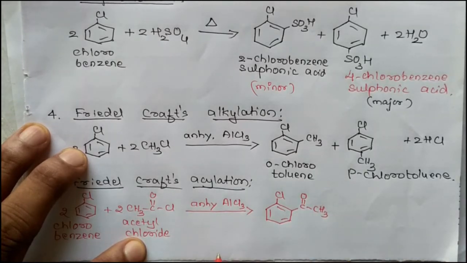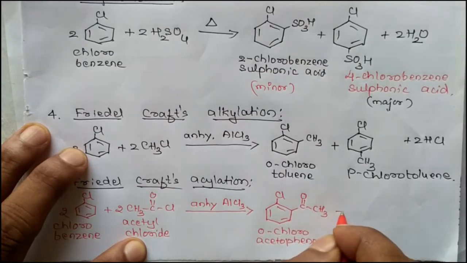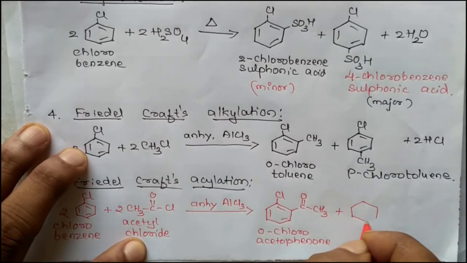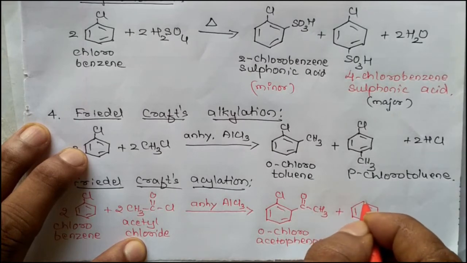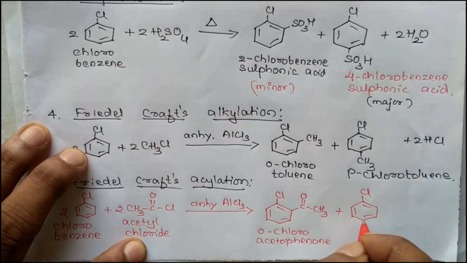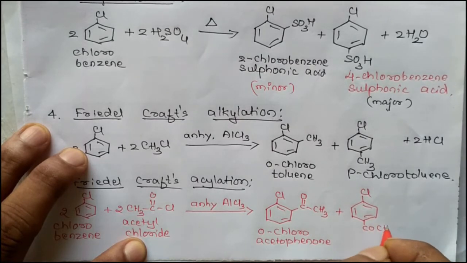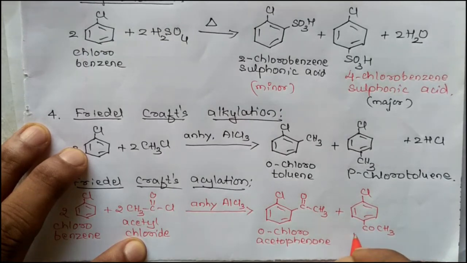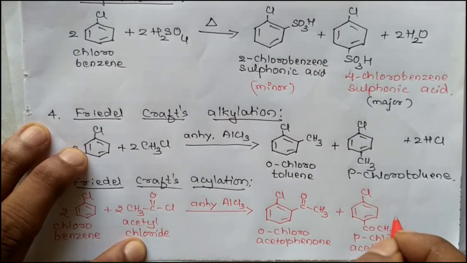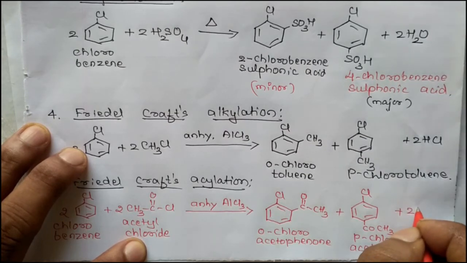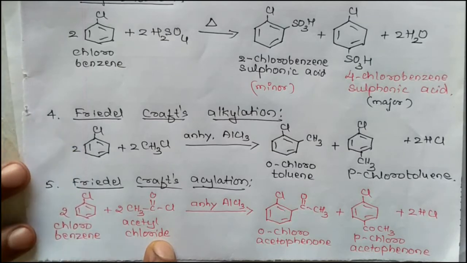This is orthochloroacetophenone, plus Cl, here COCH3, parachloroacetophenone, plus HCl. This reaction is known as Friedel-Crafts acylation.